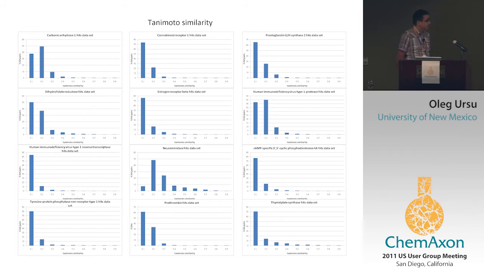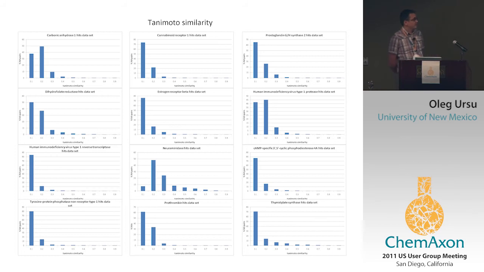So first, I looked at the molecular diversity within each set of the target, compounds from each set of the target. As you can see, this is a pairwise molecular Tanimoto similarity score on ECFPs.